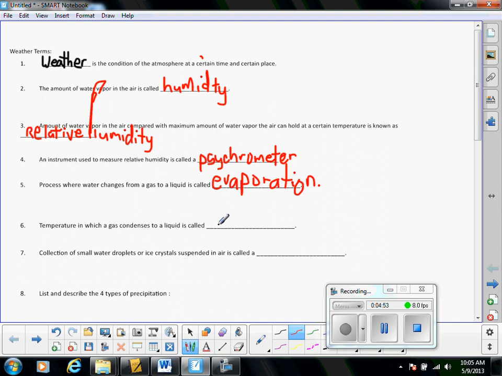Okay, the temperature at which a gas condenses to a liquid is called the dew point.